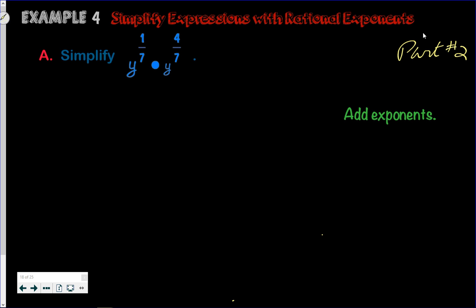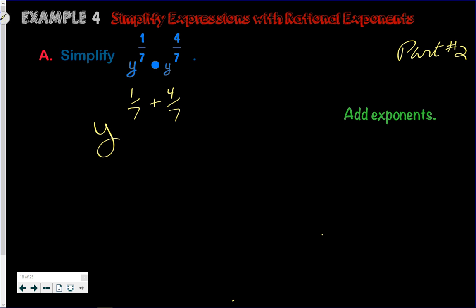Okay, so now, if you remember, go back to your exponent rules. If I have two bases that are the same, what do I do with the exponents? You add them, right? Okay, so now I can take this and rewrite it just like so.